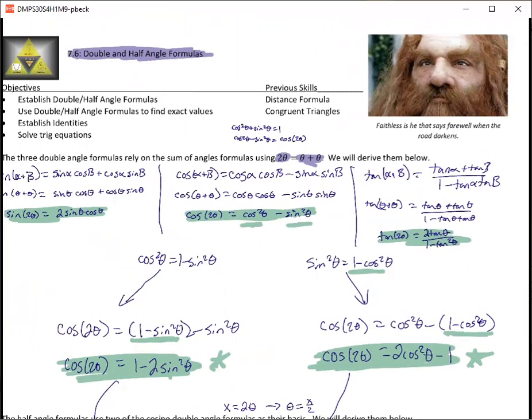So for instance, the cosecant of 2 theta would be 1 over 2 sine theta cosine theta, or also known as 1/2 cosecant theta secant theta. Then we could do the same for the other ones if we wanted to.